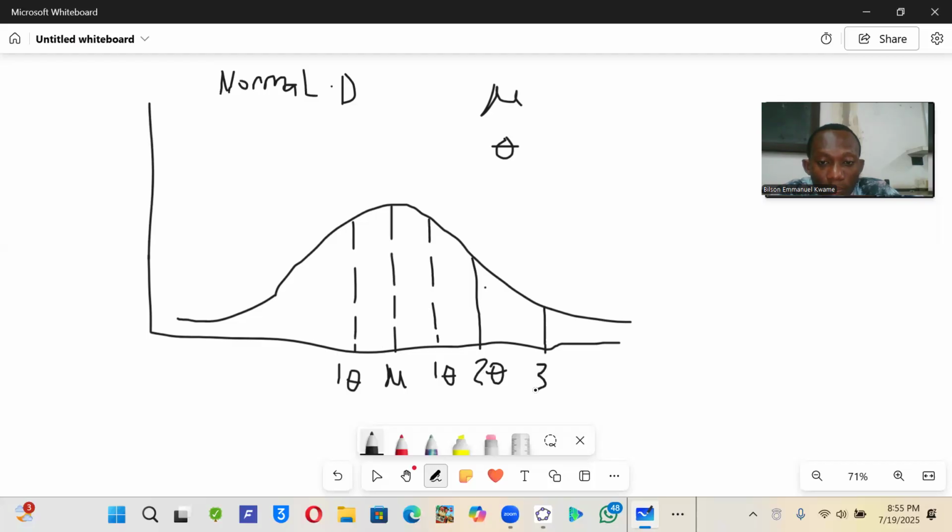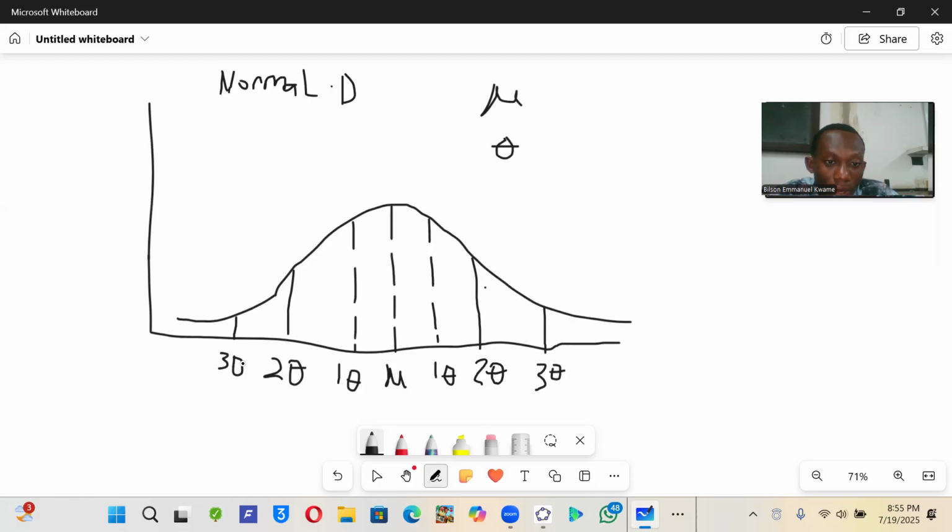Then on the other side, it is also going to be 2 times the standard deviation. Then when we go to the next line, it's going to be 3 times the standard deviation.